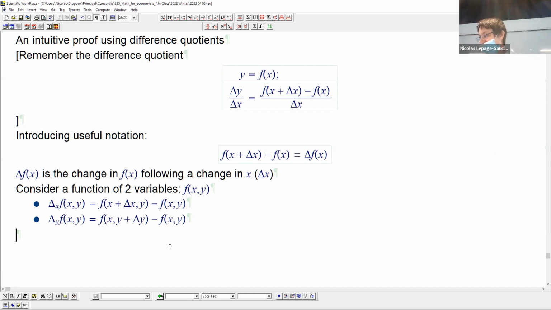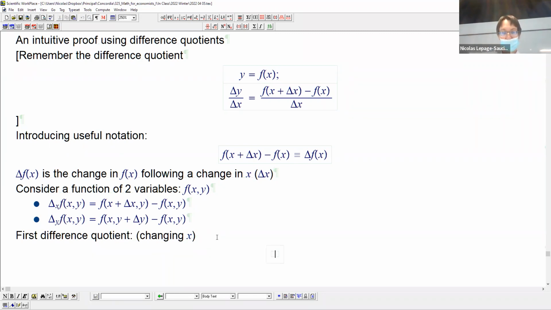Okay, so how do we do that? So first, the difference quotient. So I'm changing x. So if I take my first difference, then all I care about is this.